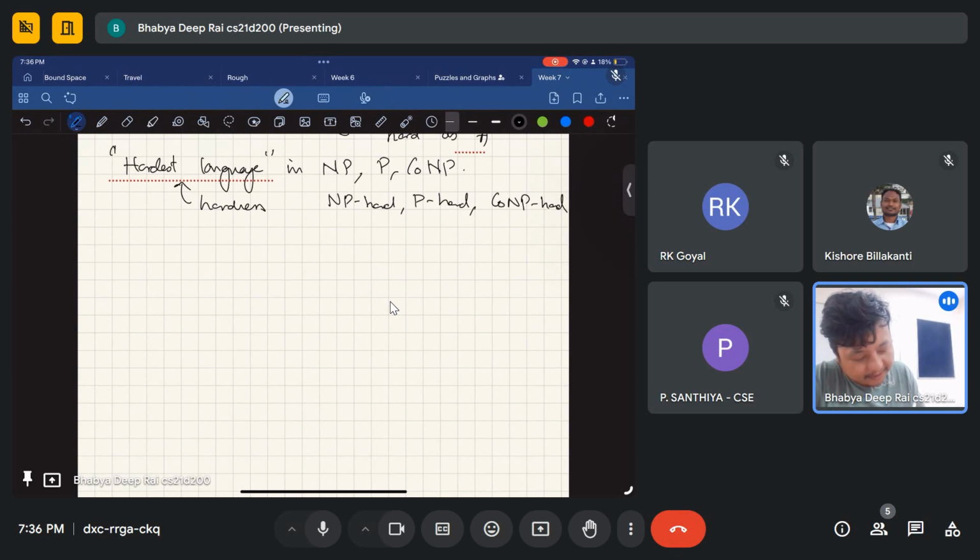Actually, I'll be very loose with this, but for all languages in NP, and you can similarly extrapolate this to P, coNP, whatever, if L reduces to some language A, then A is called NP hard.